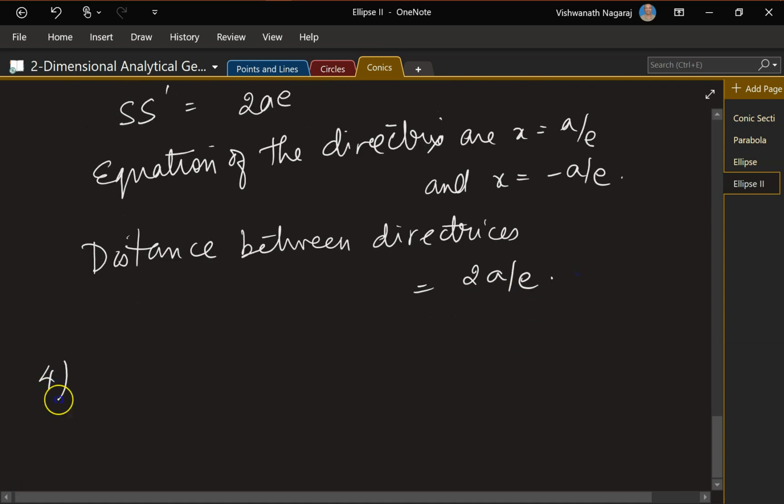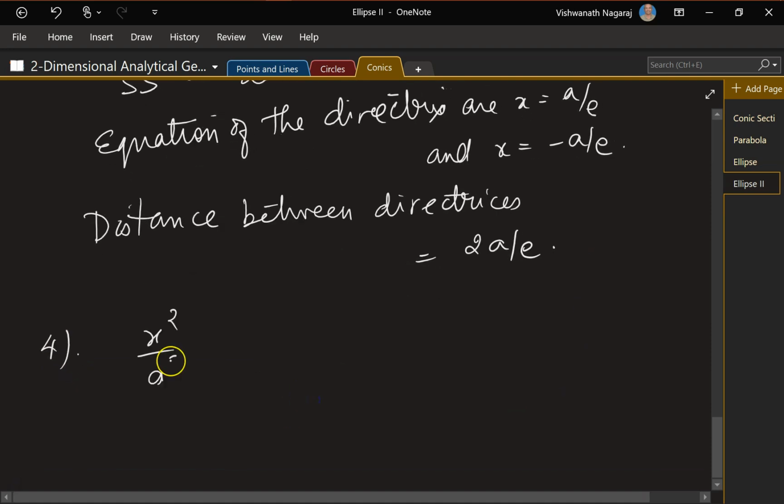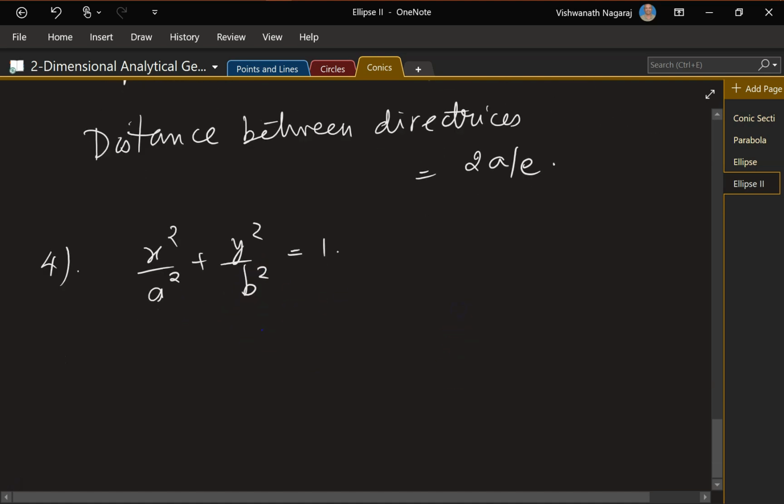Okay. Another aspect. This is our formula, x square by a square plus y square by b square equal to 1. Now, if the sum of these two terms has to be 1, then each individual term has to be less than or equal to 1.